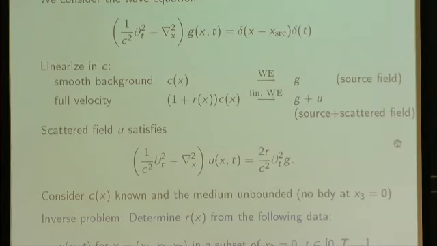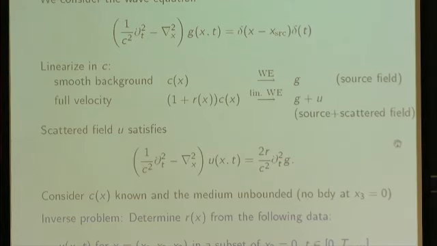Basically there's no reflections yet in there because the background is smooth, and then these reflected waves are modeled by the linearization. You get a second term, which is the scattered field U, and that satisfies the wave equation again, but now on the right hand side there's the product of the reflectivity and the source function. These other terms, 2 over c squared and the time derivatives, are also there, but they're not really that important. It's really the product of the reflectivity and the source that is most important.